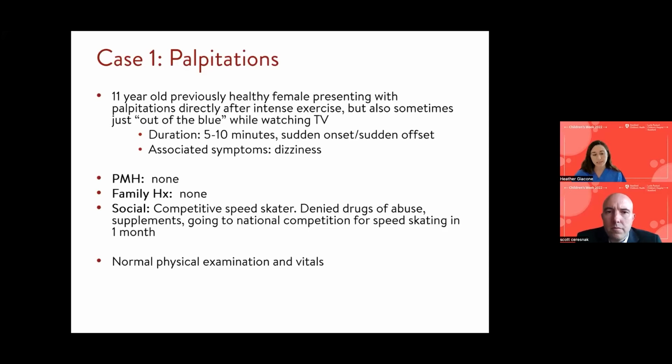And it's always very critical to screen our adolescents, even though she's 11, if she has any sort of use for drugs of abuse or supplements, especially the higher performing athletes. And again, she kind of reiterates, exercise is my life, speed skating is my life, and I want to get back to it ASAP. Actually, she was on her way to practice right after our appointment.